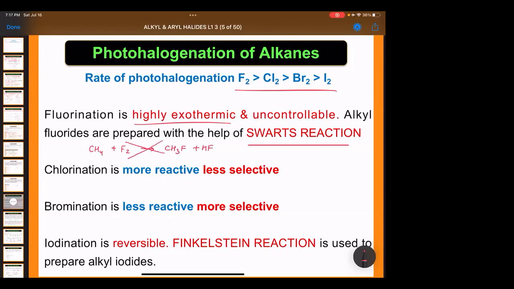Actually, it is because fluorine makes a very strong bond and it evolves a lot of heat.